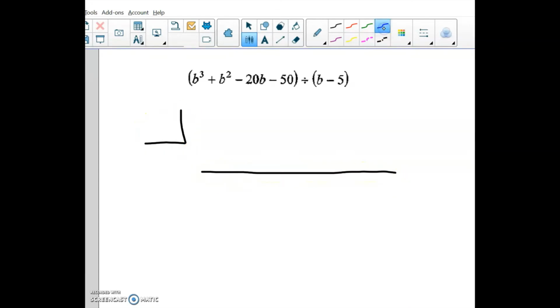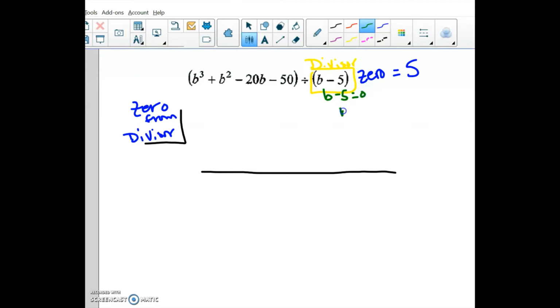What we're going to do is put the zero from the divisor in that box. This is the divisor, and its zero equals 5. How that works is, if we were to take b minus 5 and set it equal to 0 and solve, we would get 5. And so that's the zero for the divisor.